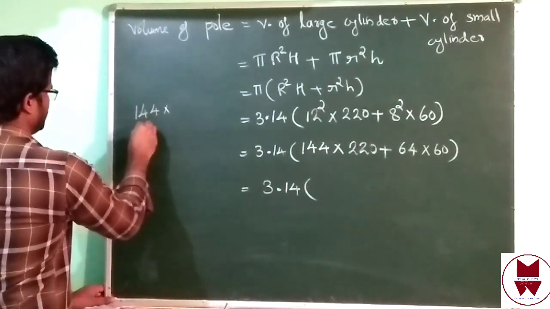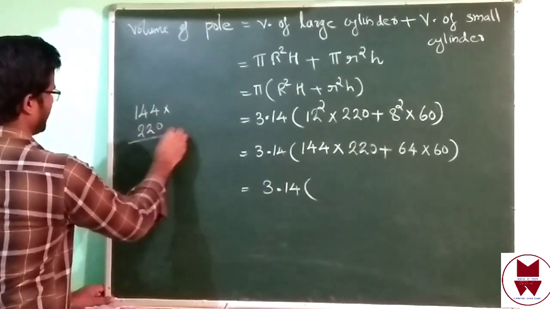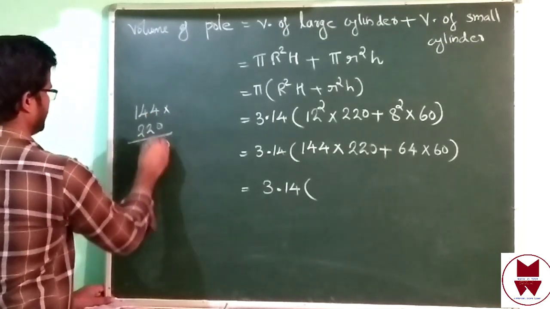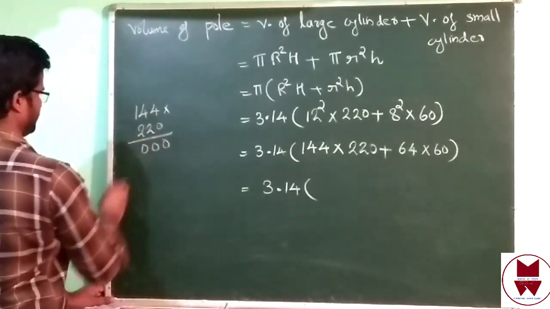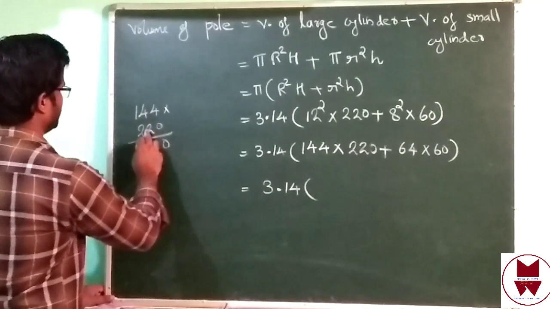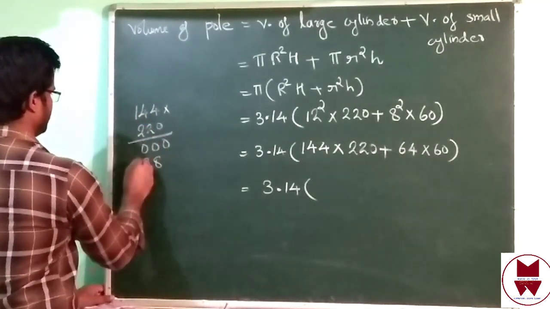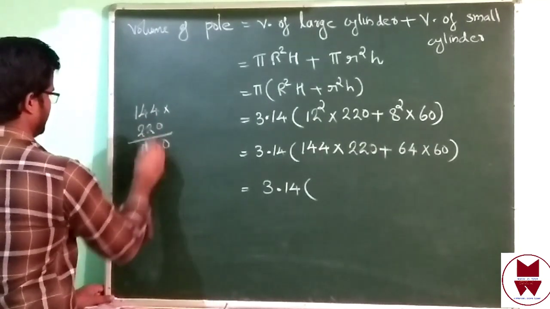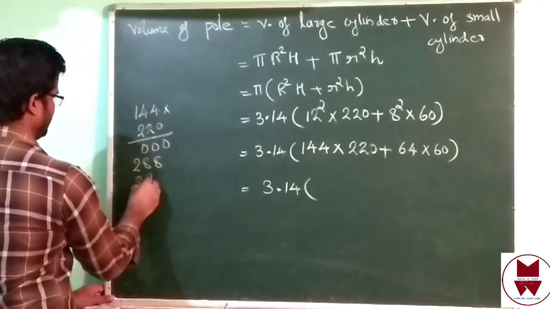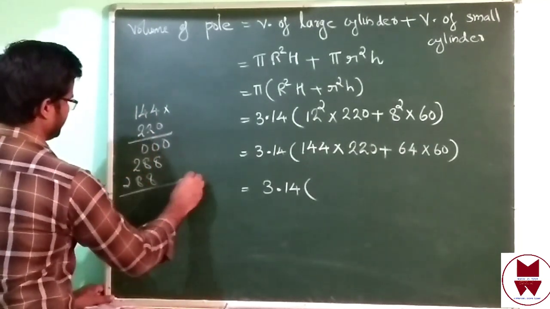Multiply 144 into 220. 0 into 4, 0, 0 into 4, 0, 0 into 1, 0. Then using 2, 2 into 4, 8, 2 into 4, 8, 2 into 1, 2. Again 2 into 4, 8, 2 into 4, 8, then 2 into 1, 2.